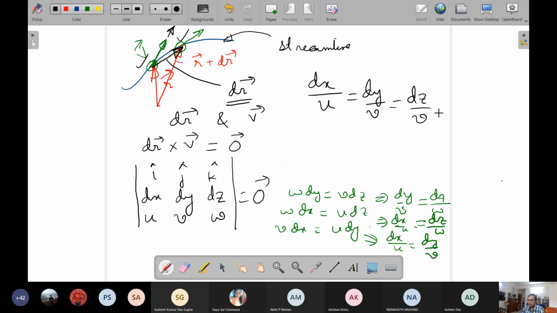Now, the most general u, v, w are also functions of time. So there could be a time factor associated with this. So once you integrate it partially by keeping time as fixed, when you keep this time as fixed, that means that this equation is valid at a given instant of time.